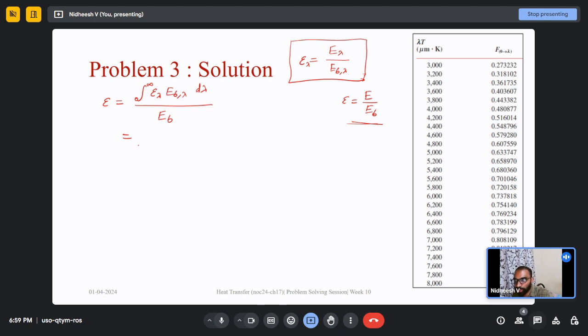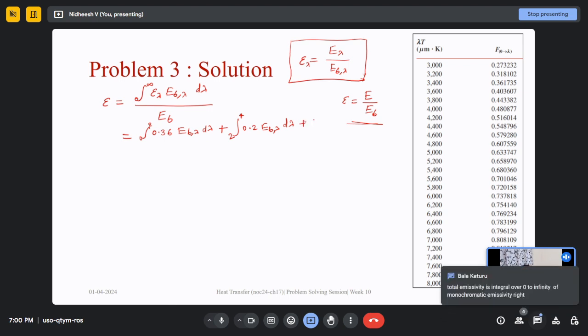So this top part integral can be rewritten as, when lambda goes from 0 to 2, the emissivity was 0.36 multiplied by emissive power of black body into d lambda, plus when lambda goes from 2 to 4, the emissivity was 0.2 multiplied by emissive power of black body d lambda, plus above 4 it is 0, right?